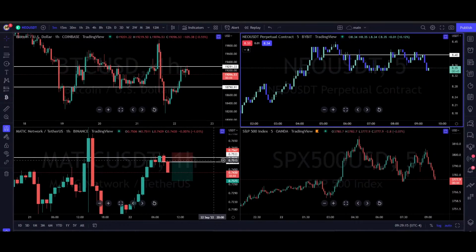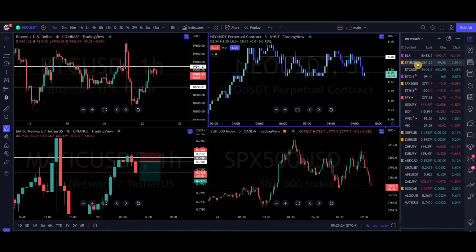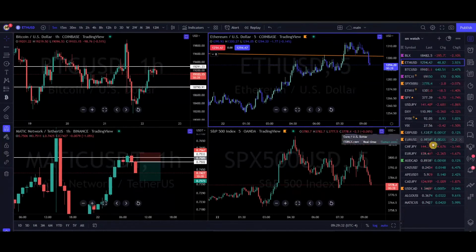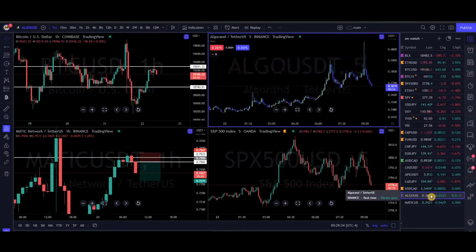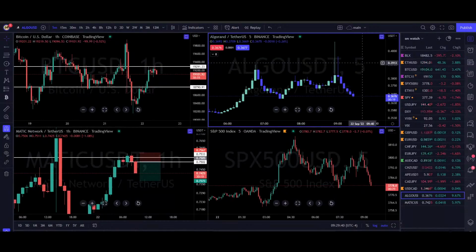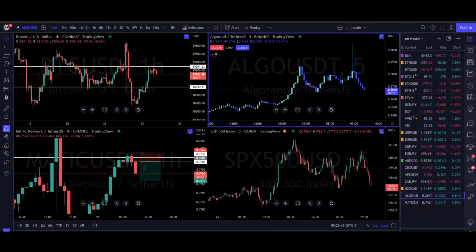Matic pushing lower. Almost pushing down into our target. Damn you. Yeah. ETH just rolled over. There was the move up. What? Wait. No. That did not just happen.